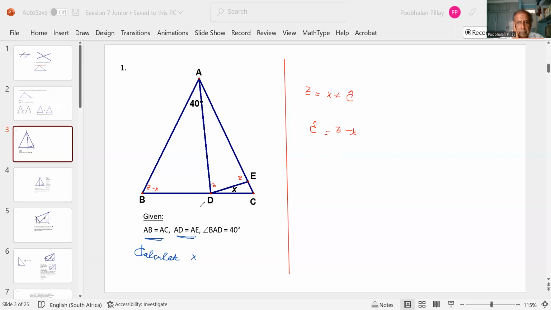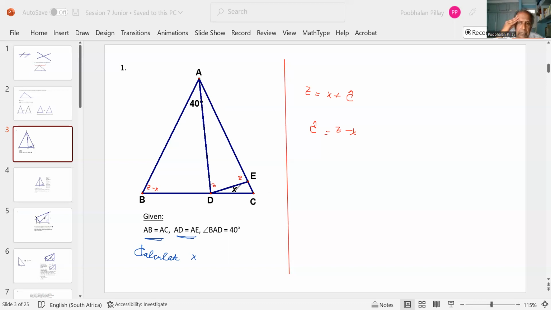All right, so how do you find X? So maybe, well, if you look, you got another flag here.